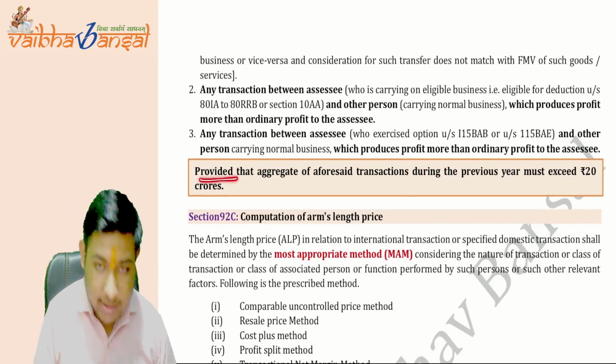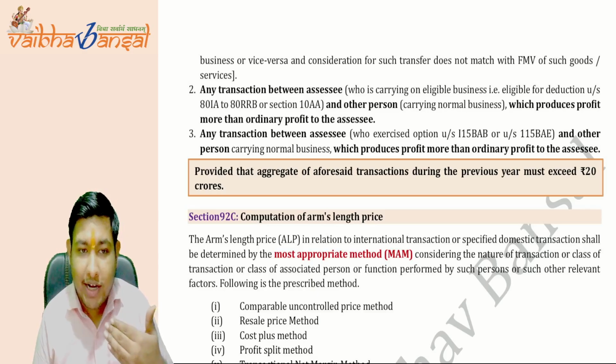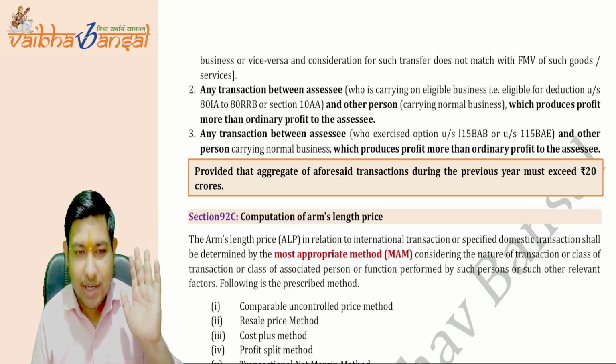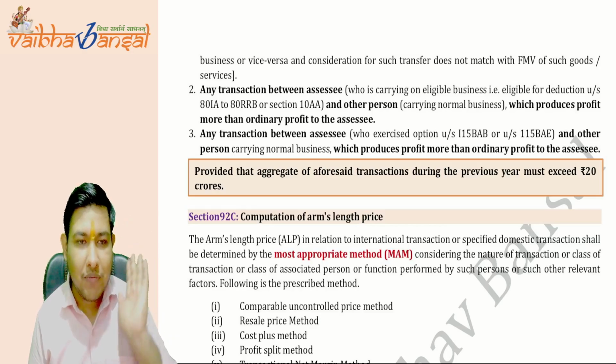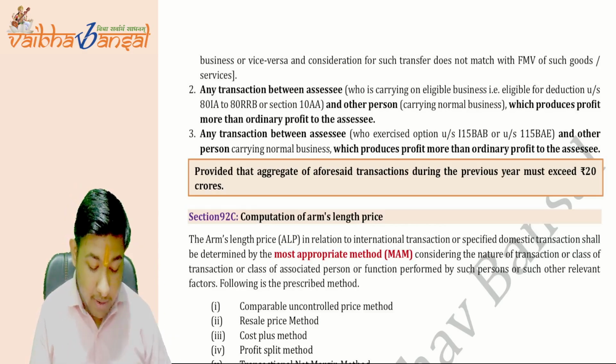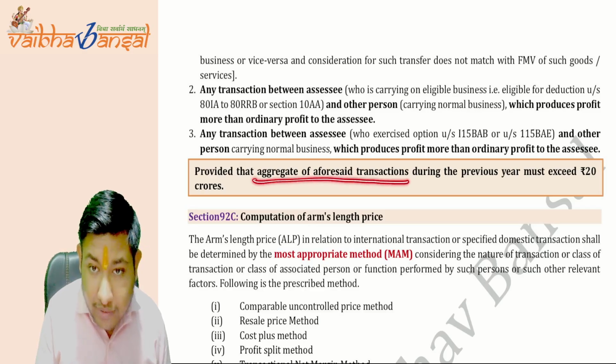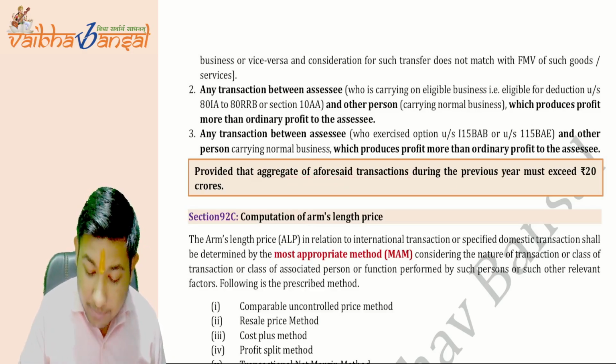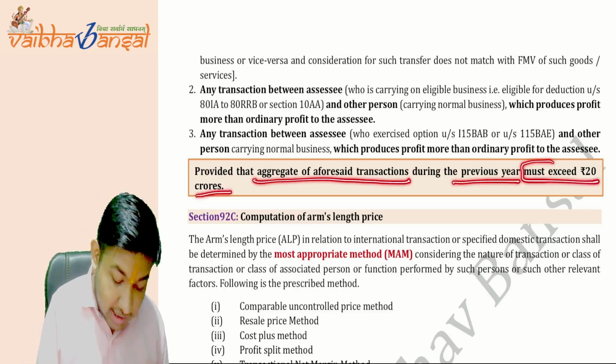Now, provided that, what is provided? Provided means there are certain exceptions or exemptions to whatever we have just read above. Provided that the aggregate value of the aforesaid transactions during the previous year must exceed 20 cr.